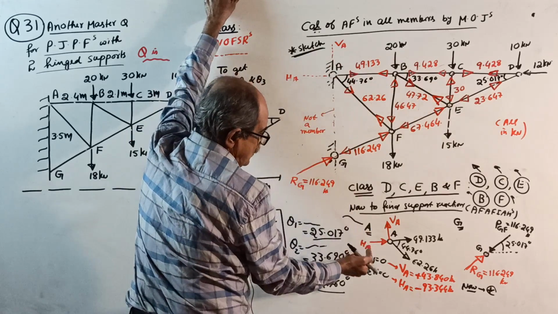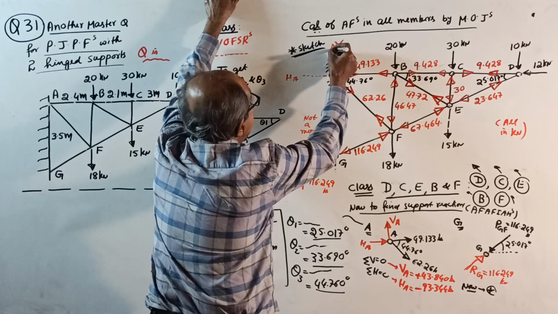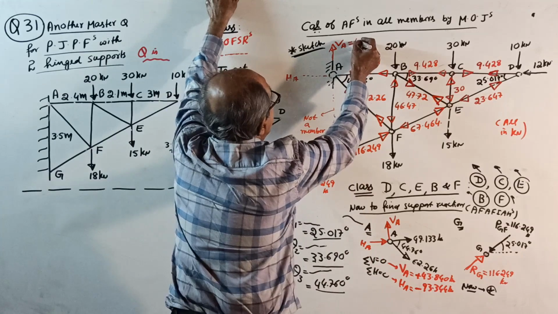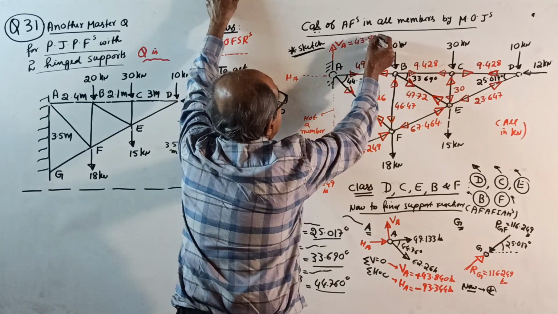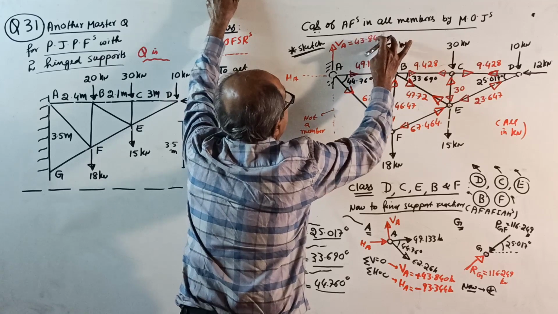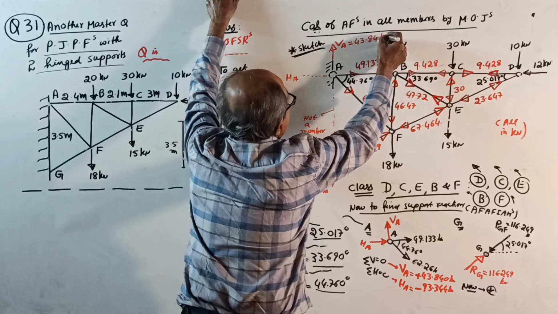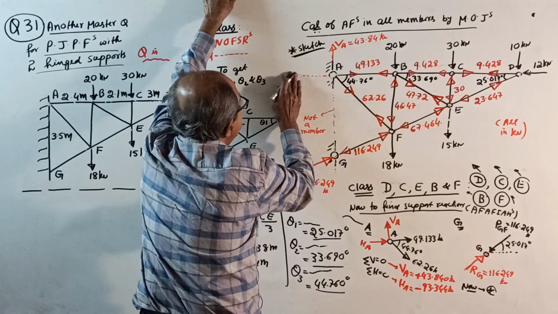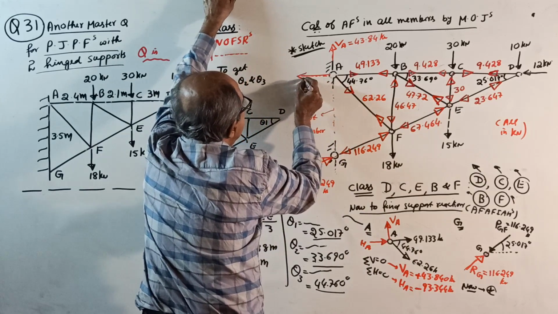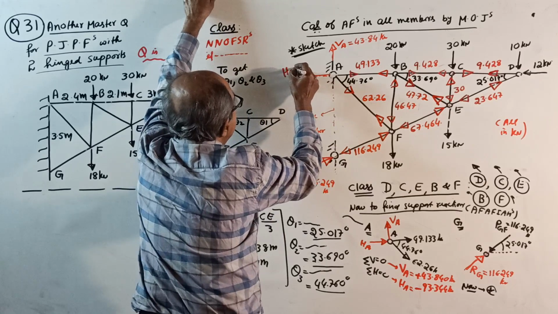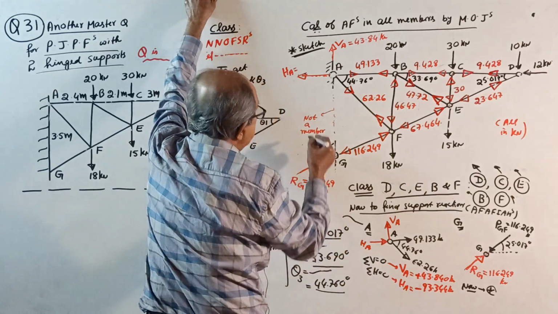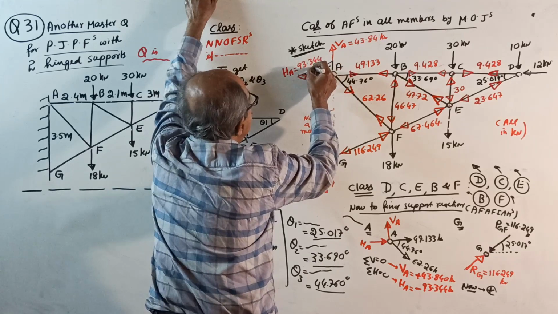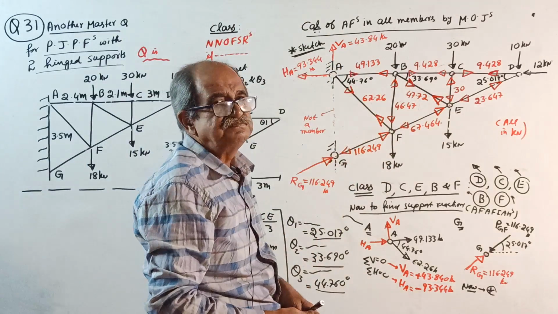VA we took upward, and positive came, so VA equals 43.84 kilonewton. HA we took right side, negative sign came, so your HA is left side, HA equal to 93.344 kilonewton. The question is completely over.